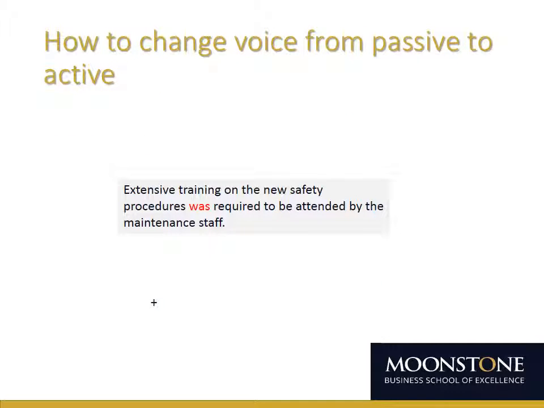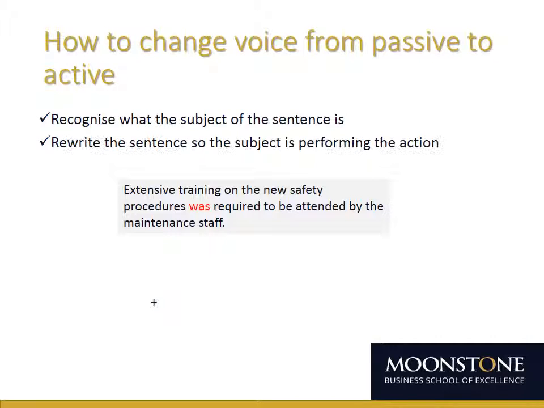In order to change passive voice to active voice, you need to recognize what the subject of the sentence is and then rewrite the sentence so the subject is performing the action. Let's use the following sentence example to understand how to change passive voice to active voice.